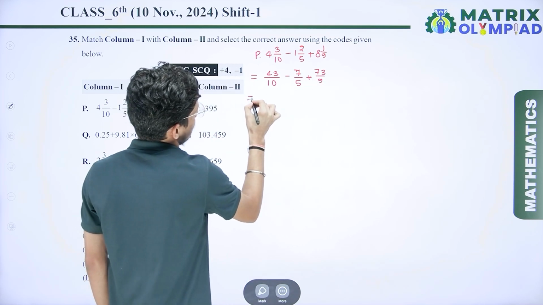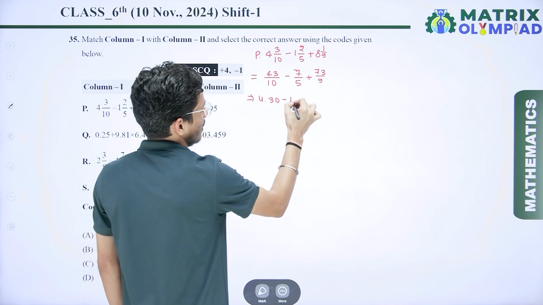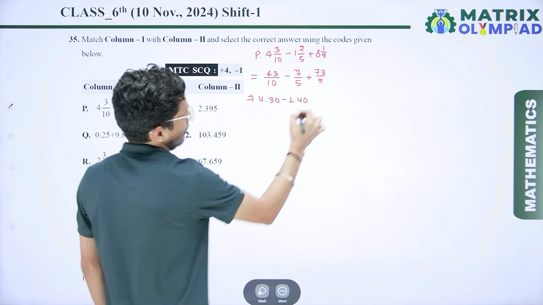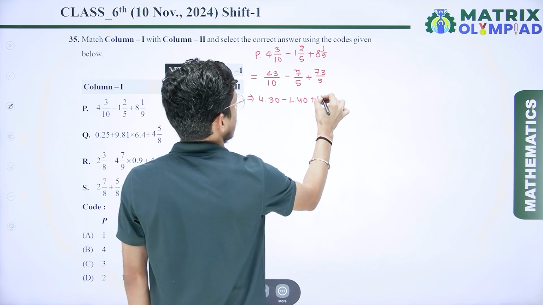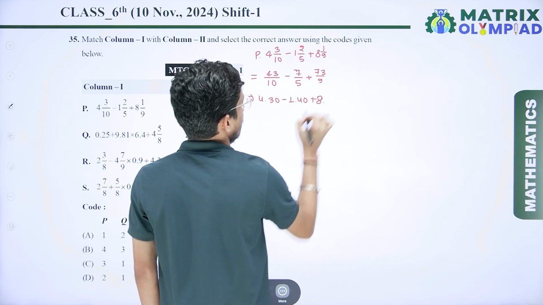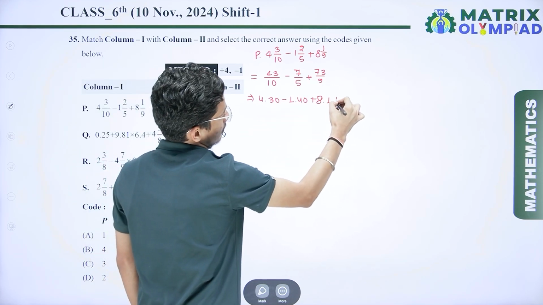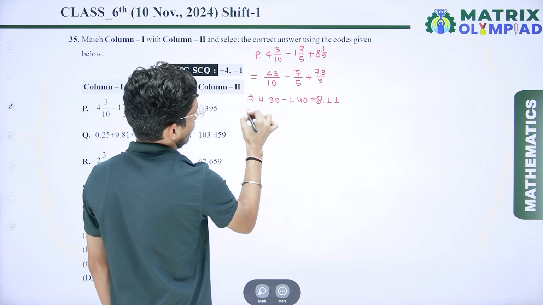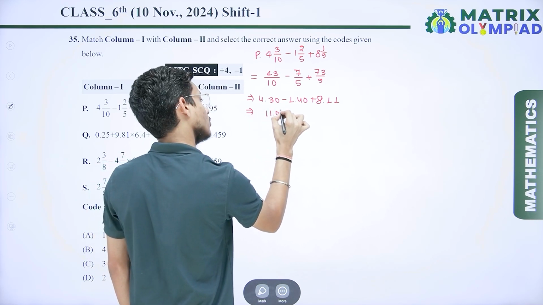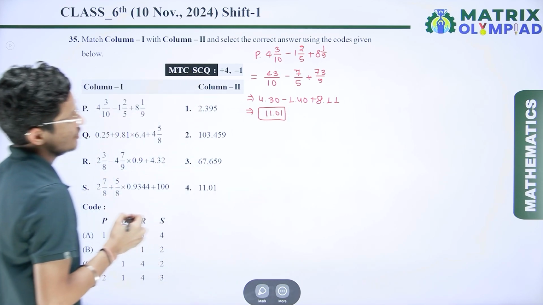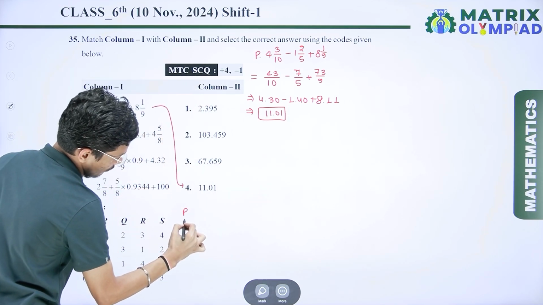If I simplify here, I get the answer 11.01. Where is 11.01? So P is connected to 4. So I write here P is connected to 4.